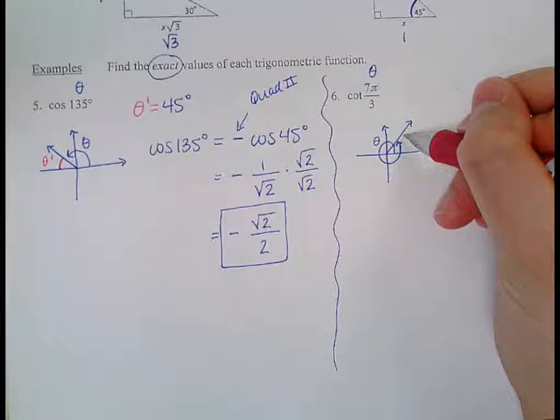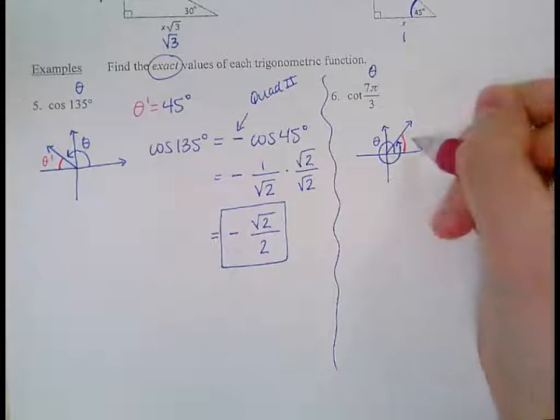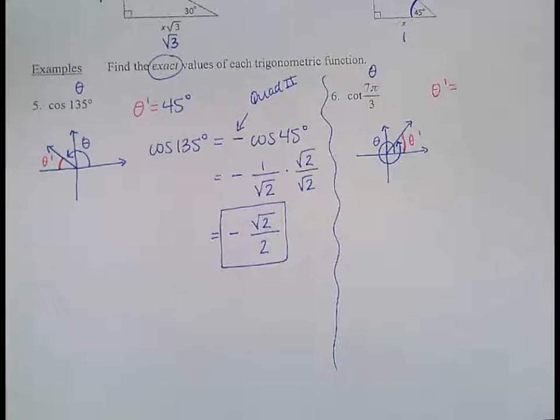Meaning then our reference angle theta prime is here between the terminal side and the x-axis. And what would the value of theta prime be? In degrees, it would be 60.